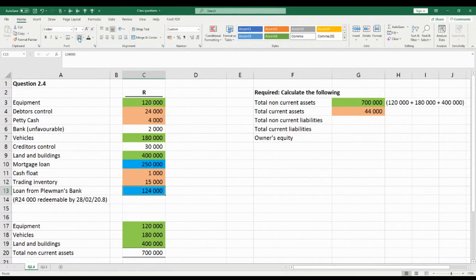Why do you guys think that? What in this question gave you the idea that a portion would not be seen as non-current? What information did they give you to indicate that the full 124,000 is not non-current?